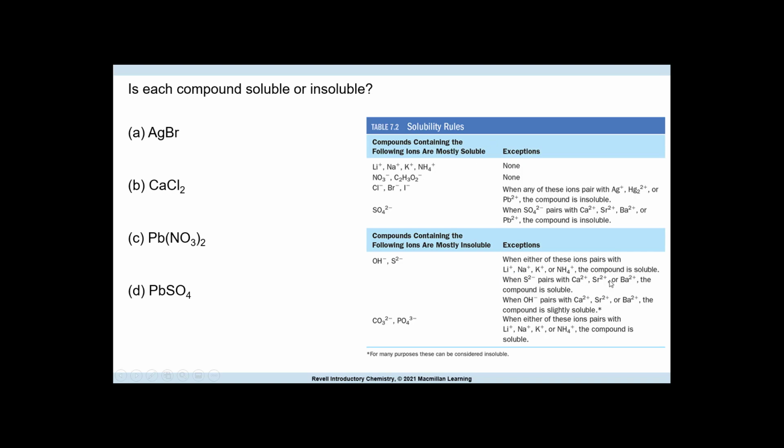When sulfide pairs with calcium, strontium, or barium, the compound is soluble. It's interesting, because sulfate is not, but sulfide is soluble with any of these same ones. When hydroxide pairs with calcium, strontium, or barium, the compound is slightly soluble, but for most cases they consider it just doesn't dissolve. And here we have carbonate and phosphate, which we couldn't show on the other one.